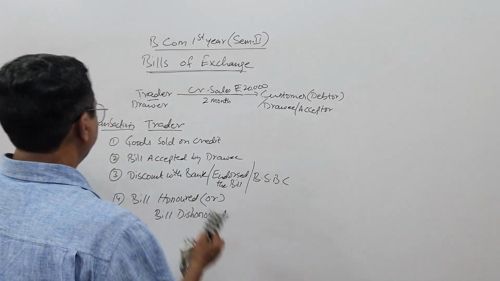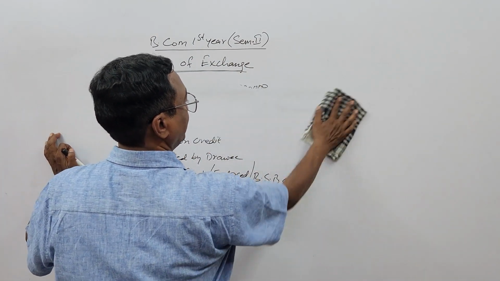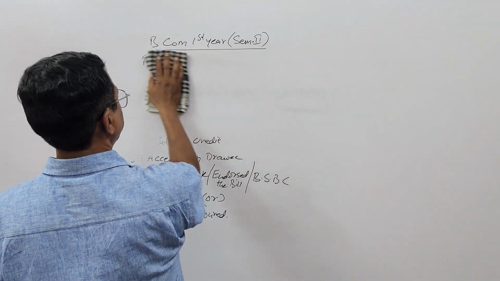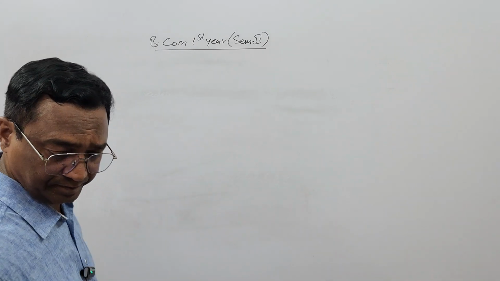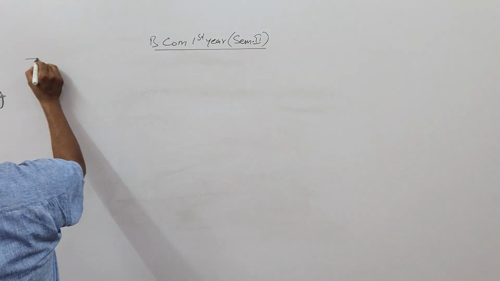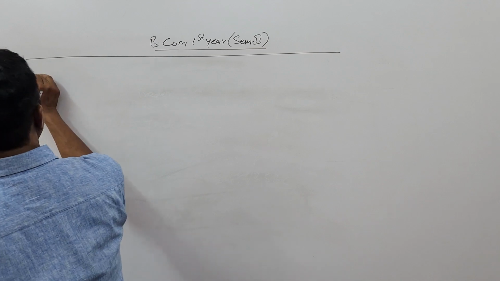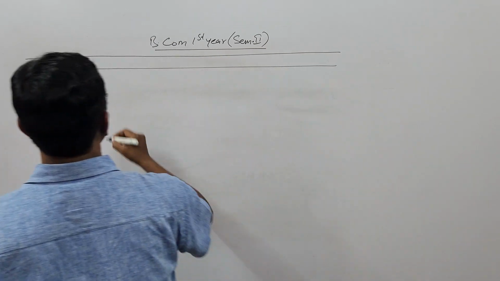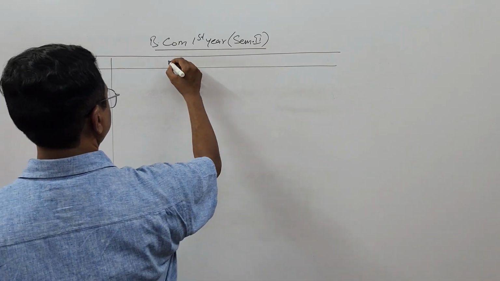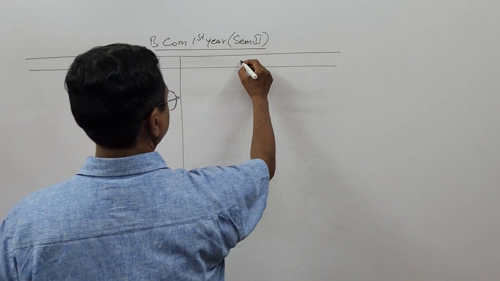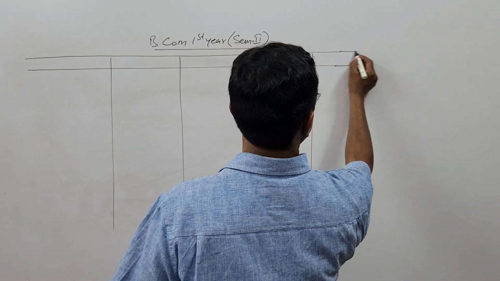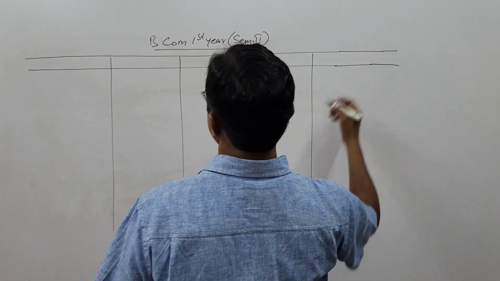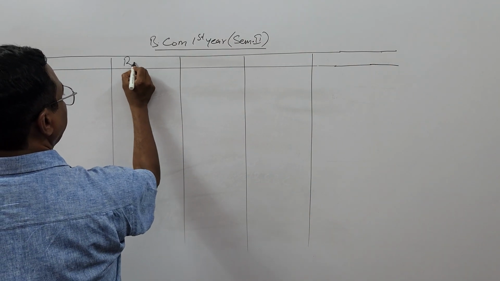So what are the journal entries we pass in this bill of exchange? Here the bill is retained.